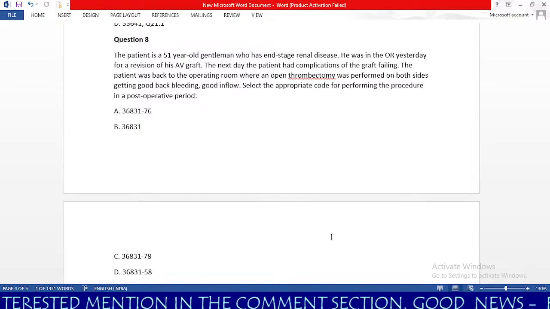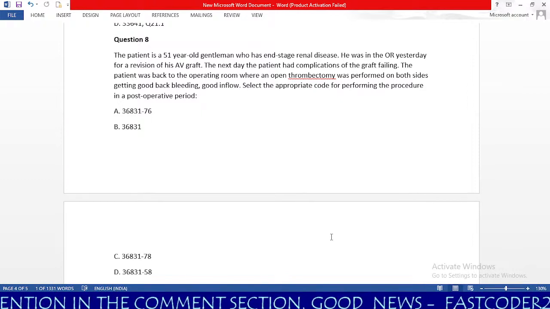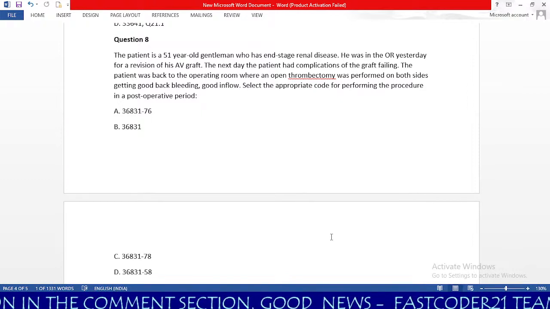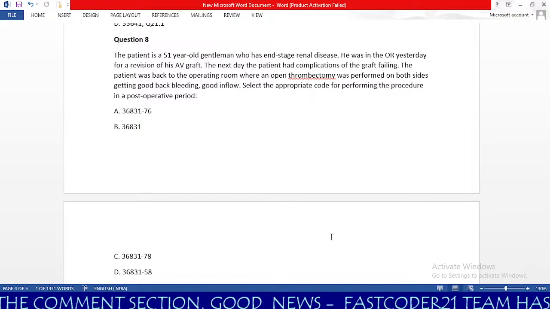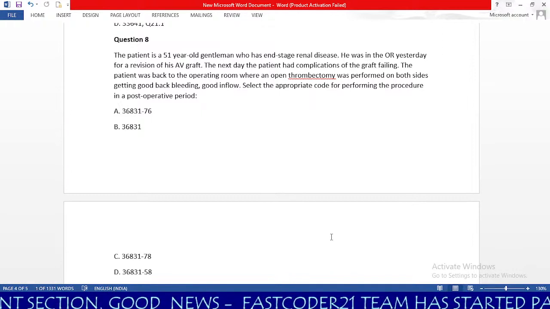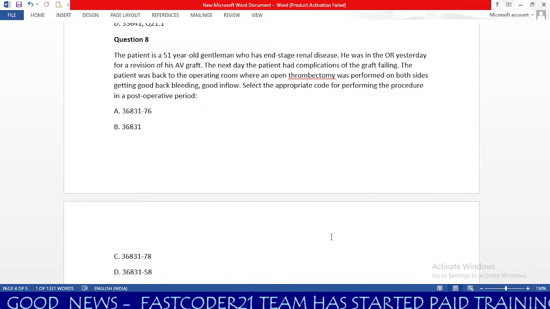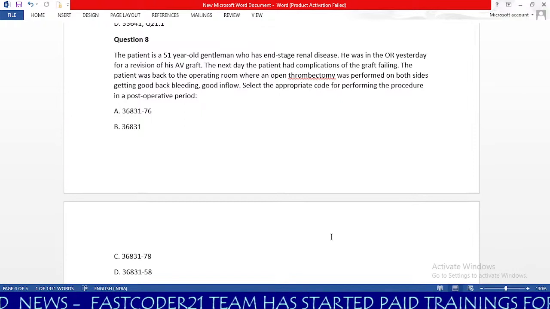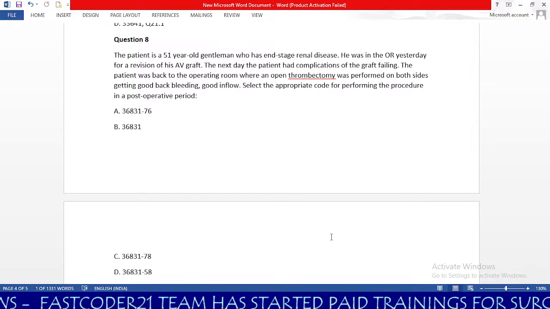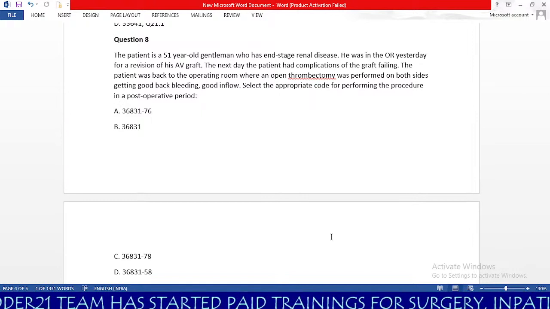So it is not a repeat procedure. It is an unplanned repeat procedure related to the original procedure. So here our answer is C, 36831-78 modifier.